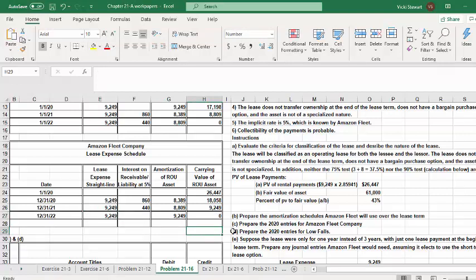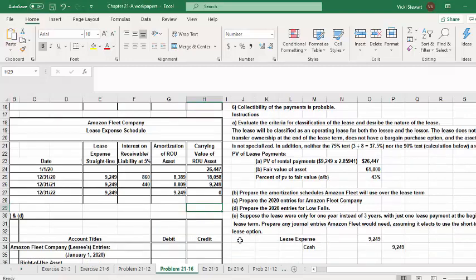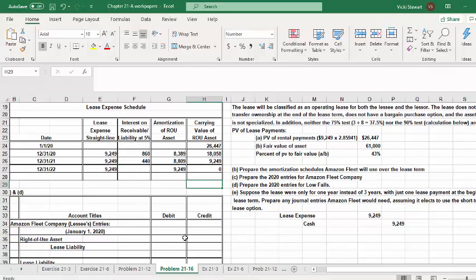So now we have the information to continue with the problem, and in C it states prepare the 2020 entries for Amazon Fleet Company, and in D prepare the 2020 entries for Low Falls, the lessor. So we start out with the lessee, Amazon Fleet Company.